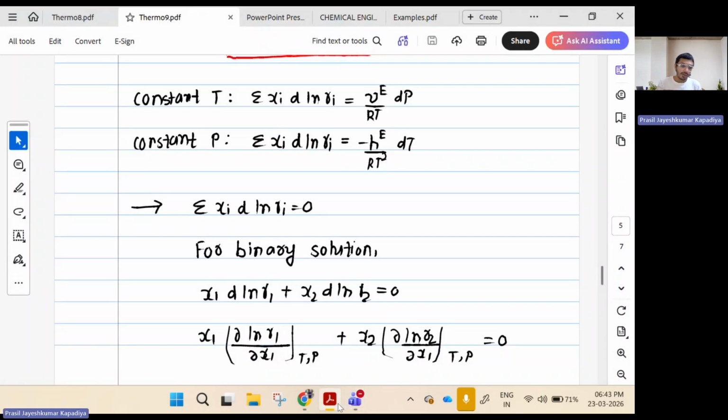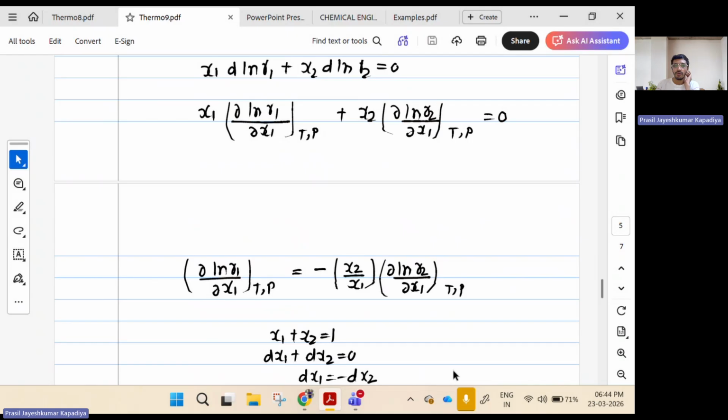I can write it as x1 del ln gamma 1 by del x1 at constant temperature and pressure plus x2 del ln gamma 2 by del x1 at constant temperature and pressure is also equal to 0.